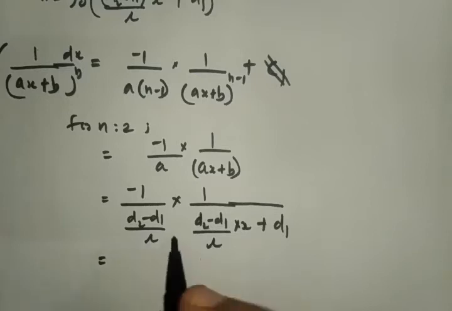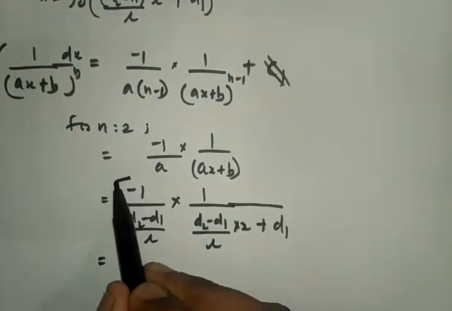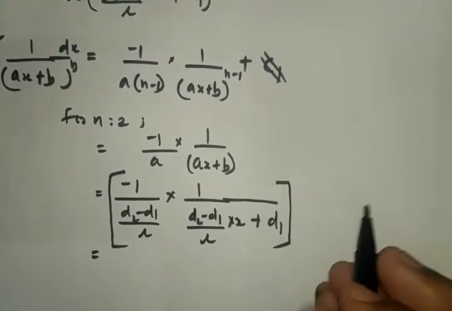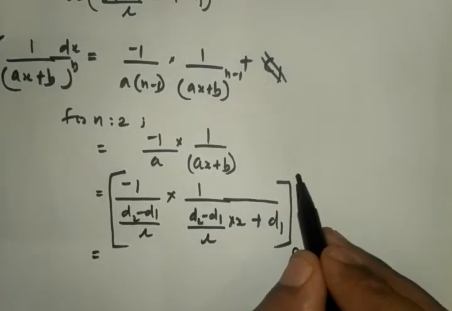So you have the integration equation like this. Now apply the lower limit and upper limit. The lower limit is 0 and the upper limit is l.